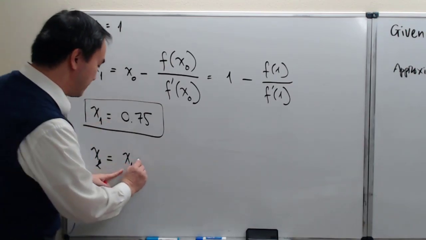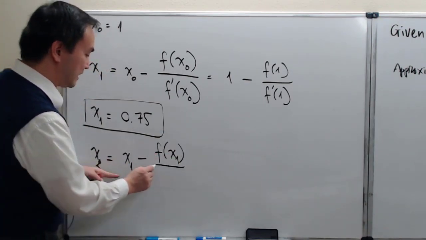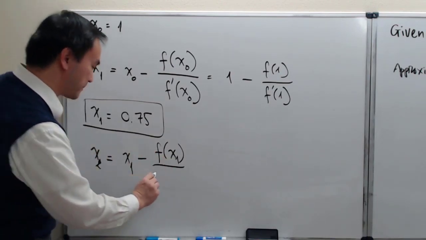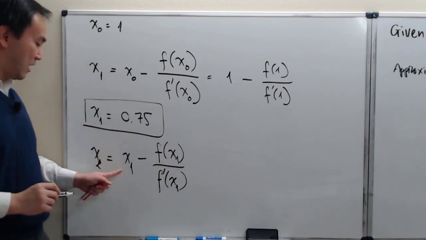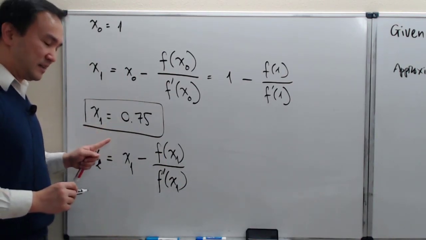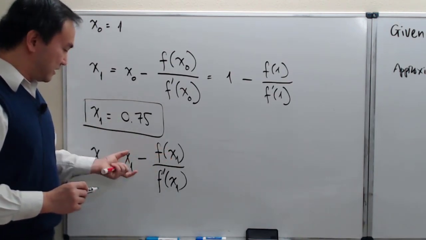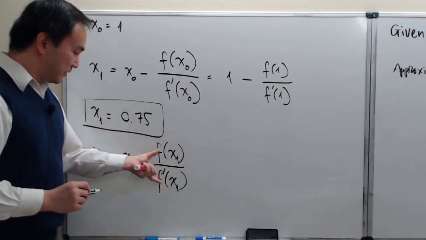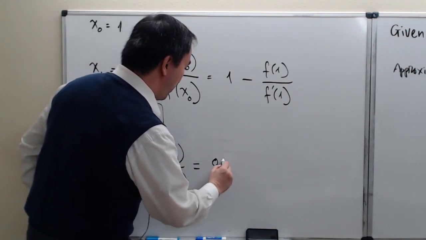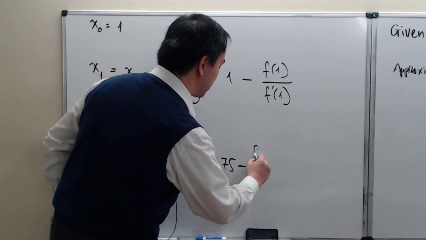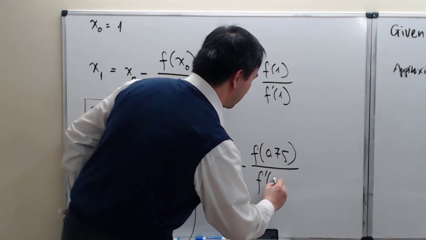So now it's x1 minus f of x1 over f prime of x1, with the known value of x1 substituted in. I'm ready for some work again. Writing it down, it's 0.75 for x1 minus f at 0.75 divided by f prime at 0.75.